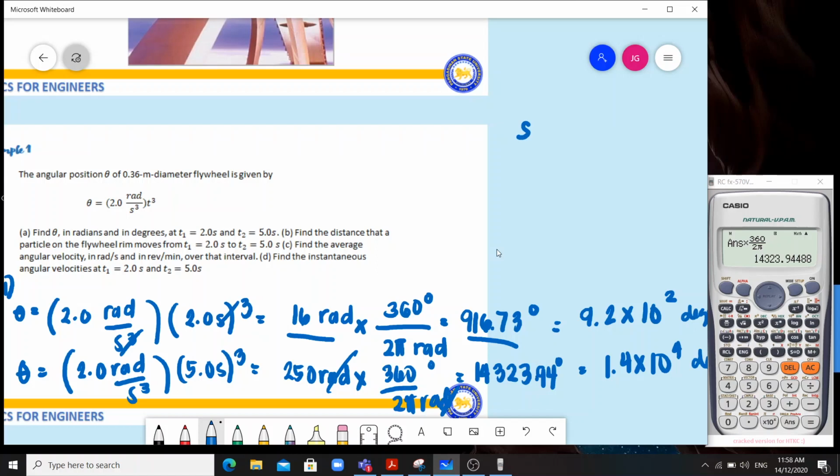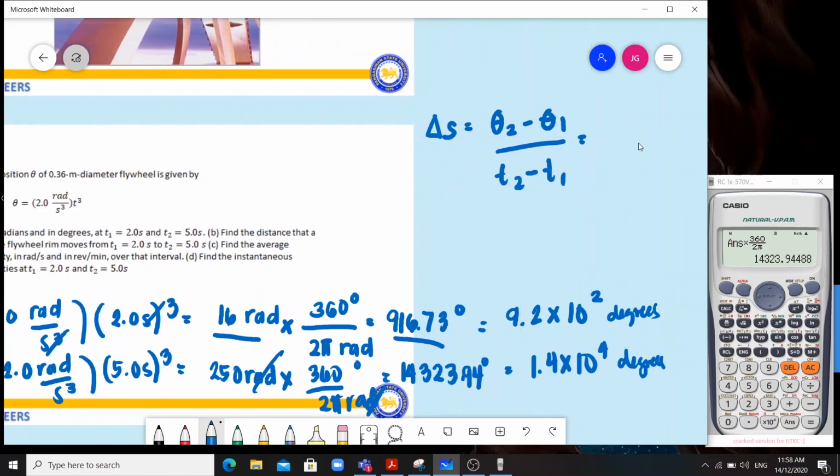That is delta S. S is equal to r theta, so delta S is r theta 2 minus r theta 1. We only need the distance here, so there is no division by time.